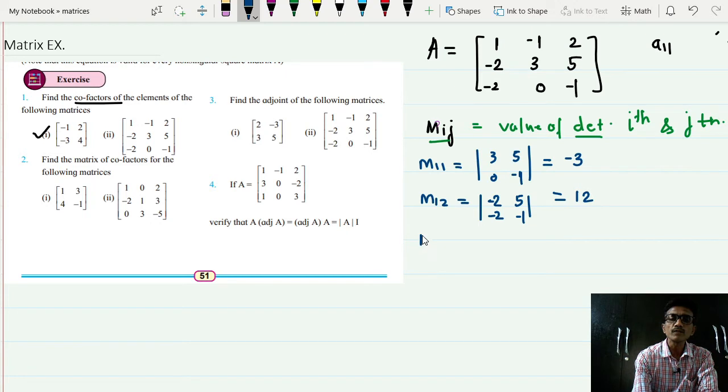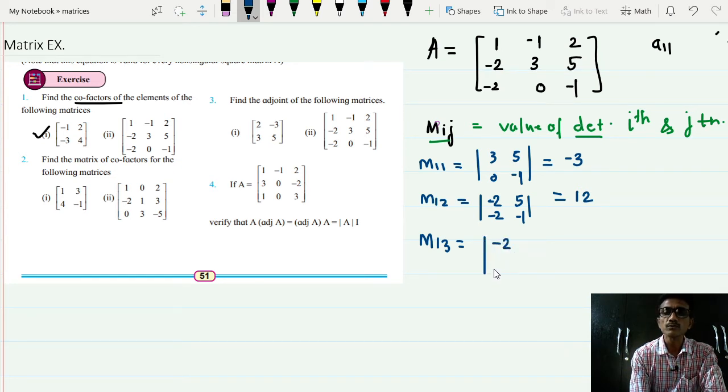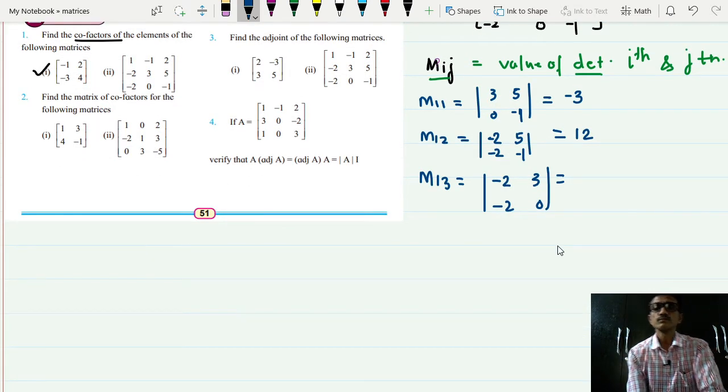Then M13 is the minor of this element. We delete the element of first row and third column. The remaining elements give the determinant with minus 2, 3, 0. Expanding this, 0 minus of minus 6, that is plus 6.